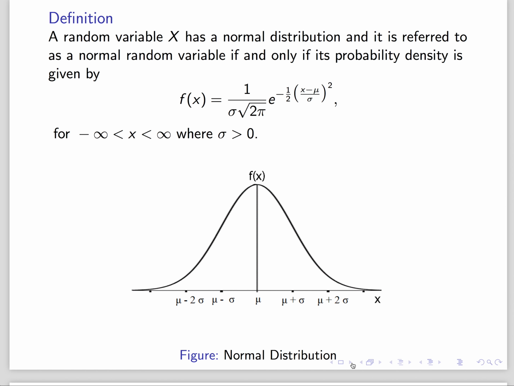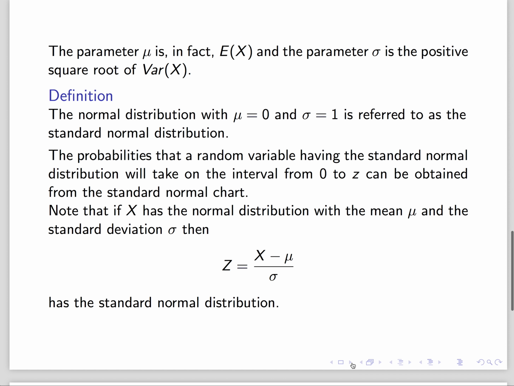At the middle the value of x is mu, and if we move further from mu on both sides, gradually the probabilities will decrease. Clearly it is described in the given picture.